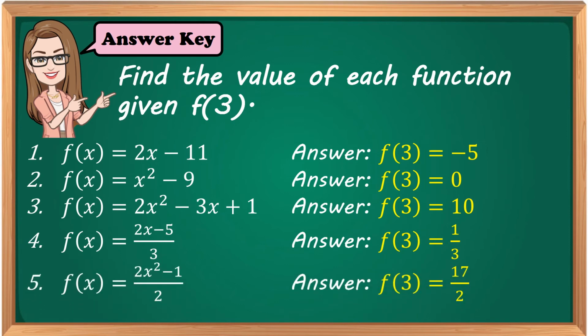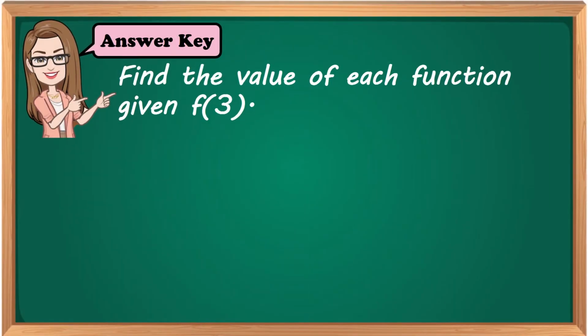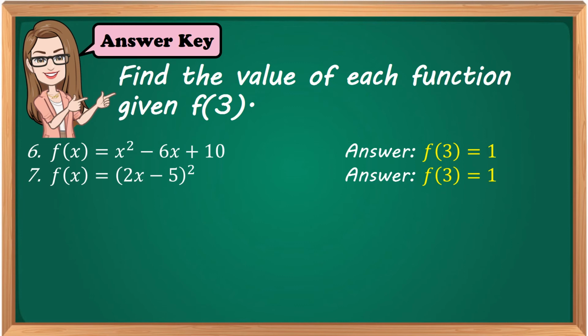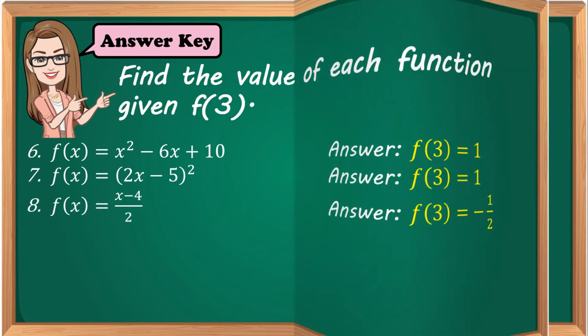For number 5, we have 17 over 2. For number 6, we have f of 3 equals 1. Number 7, f of 3 equals 1 also. And number 8, f of 3 is equal to negative 1/2. Did you get all the answers? Very good.